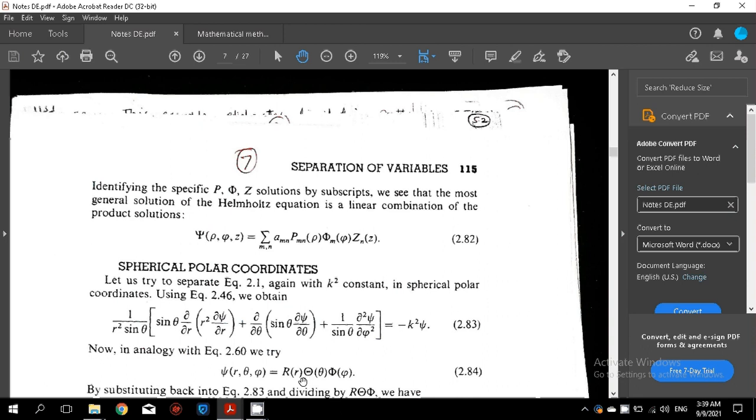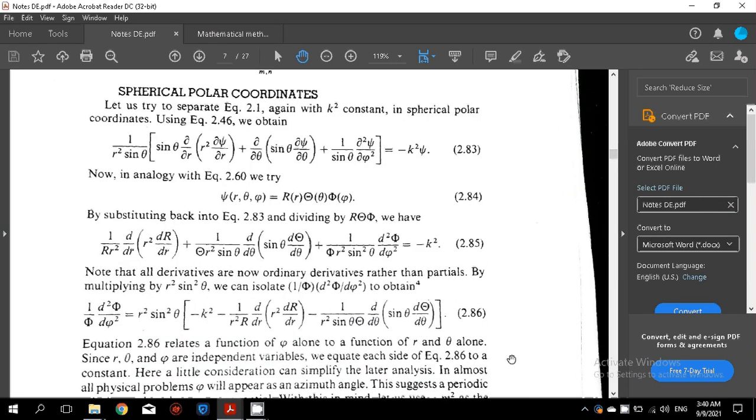So that is the first step towards separation of variables, that we split our implicit function into a product of three explicit functions: capital R, capital theta and capital phi.